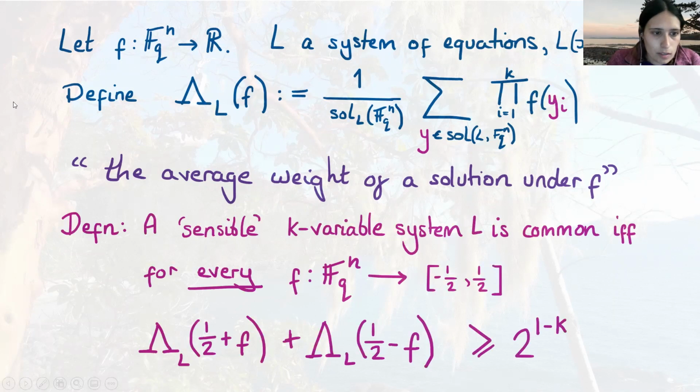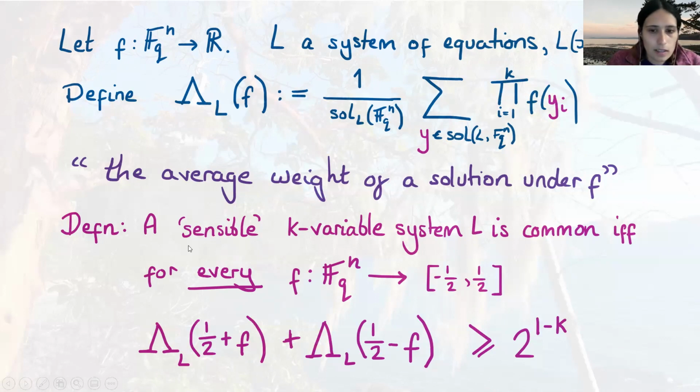And you can show that there's an equivalent definition of commonness. Before, we gave a definition of commonness in terms of the number of monochromatic solutions for a sensible system with k variables. Now we're just going to do exactly the same thing, but it's a functional notion.